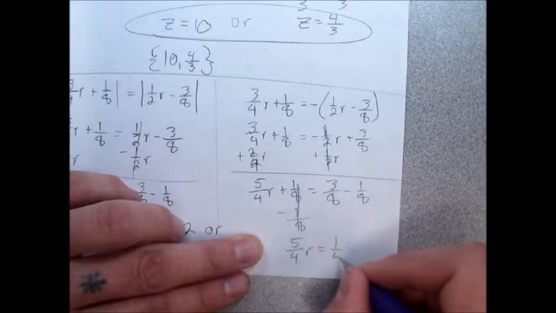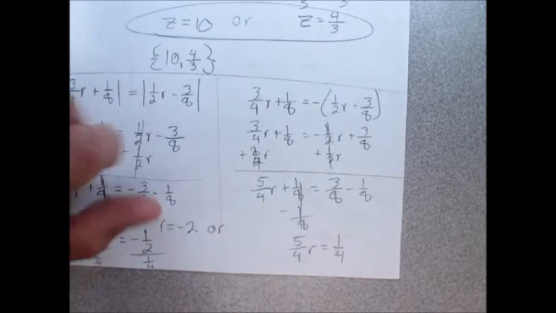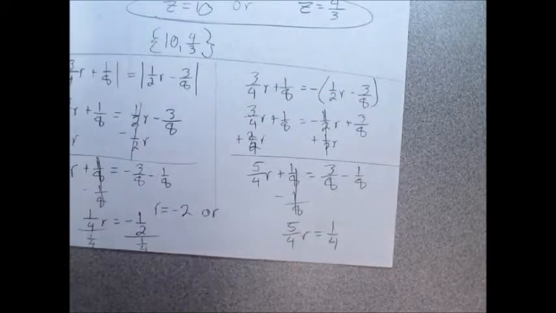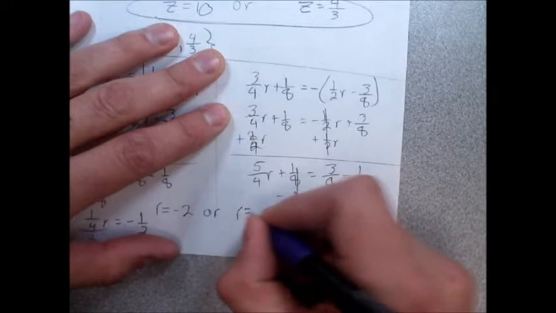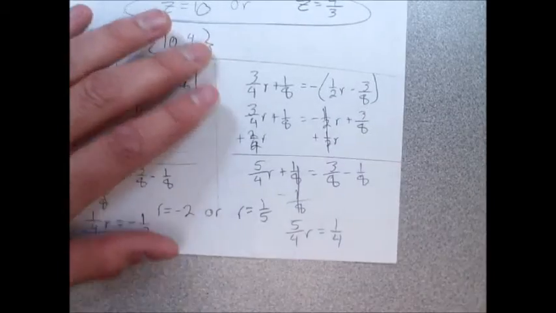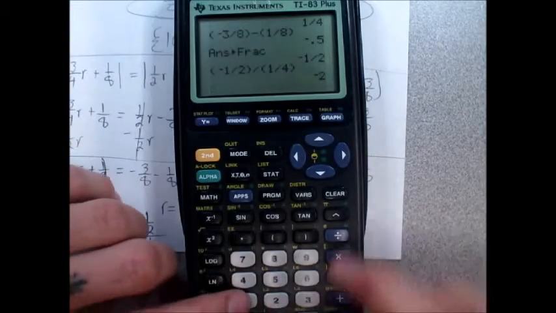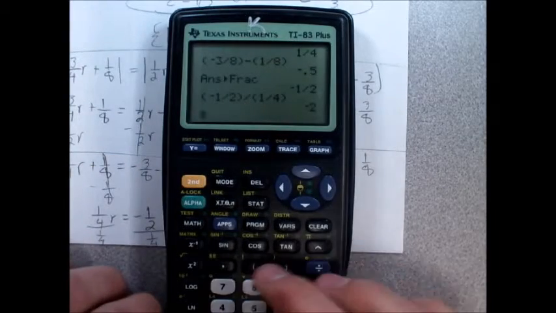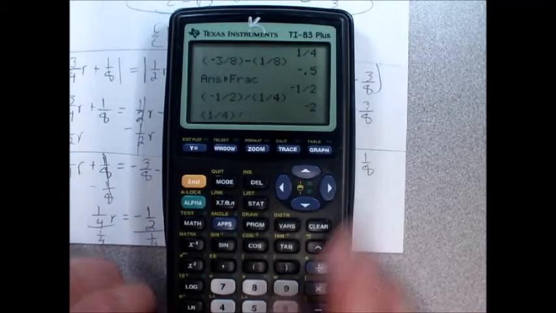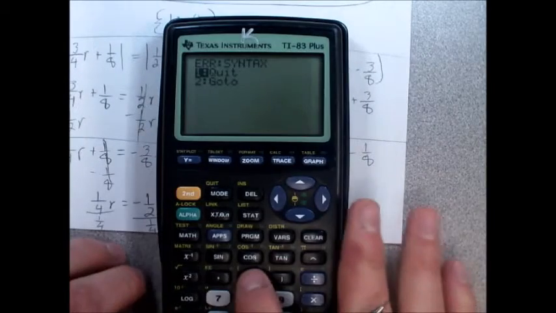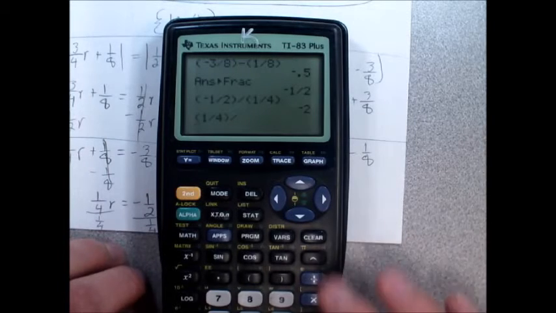Okay, and I get rid of a multiply by 5/4 by dividing by 5/4, and I get 1/5. So I take 1/4 divided by 5/4.